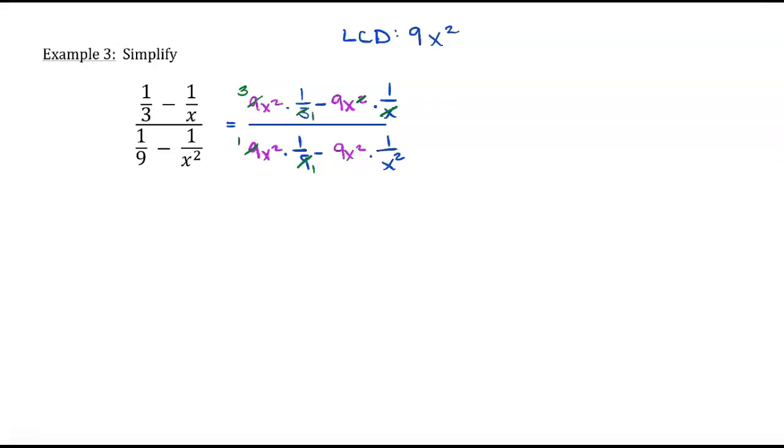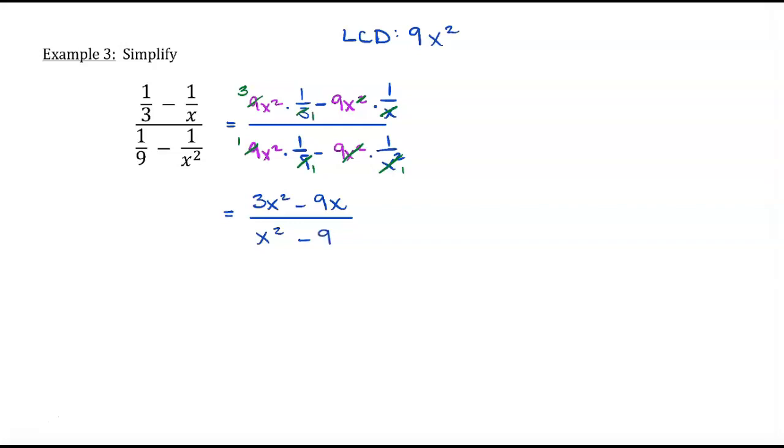And 9x squared times 1 over x squared simplifies with x squared and simply becomes a 1. Now we have 3x squared times 1, or simply 3x squared, minus 9x times 1, or simply negative 9x, divided by x squared times 1, or x squared, minus 9 times 1, or minus 9.